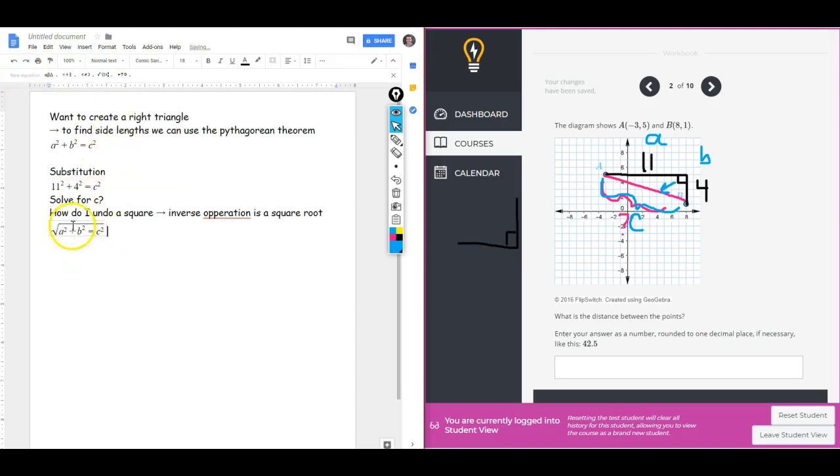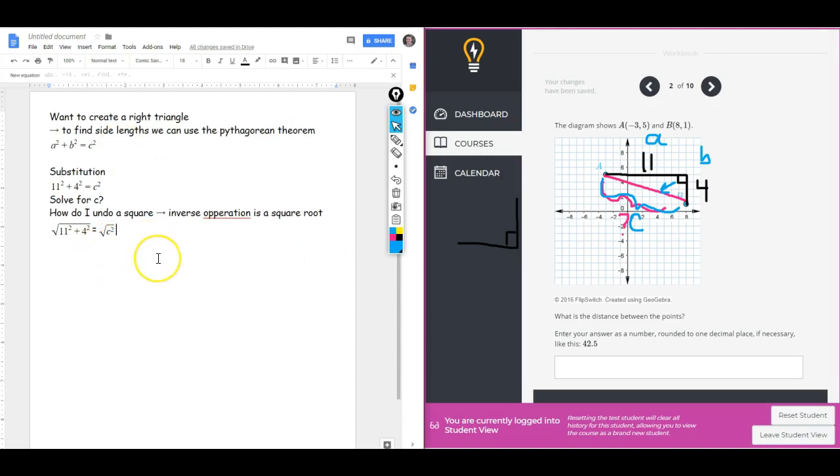So we would have the square root of 11 squared plus 4 squared, and that's going to equal the square root of c squared, since we would square root both sides.